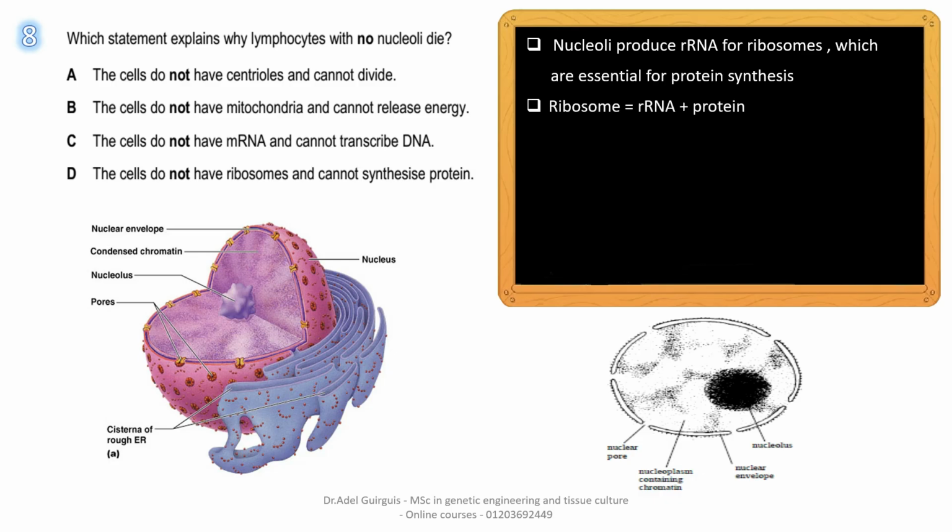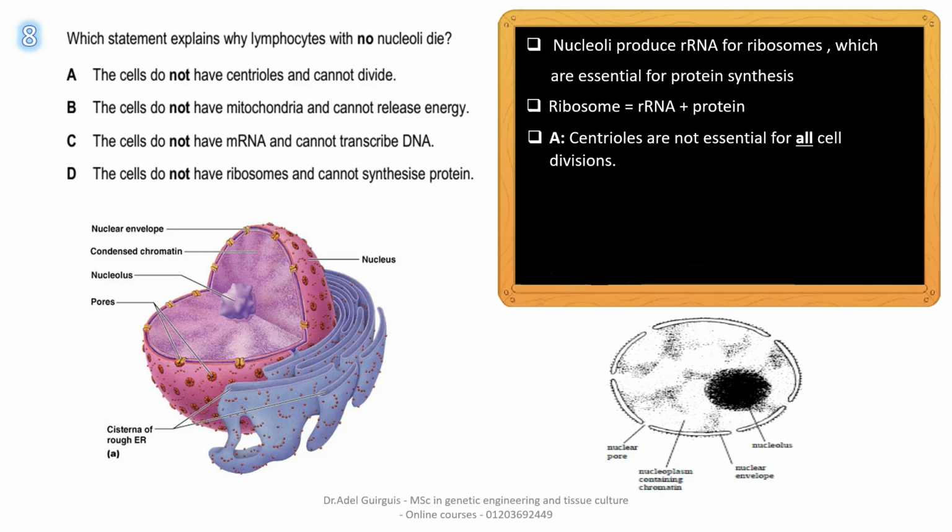What about ribosome? It is made from a mix between rRNA and certain types of protein. Letters A, B, and C are incorrect. For letter A, centrioles are not essential for all cell divisions.